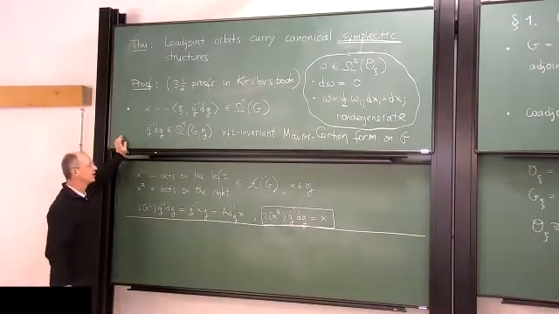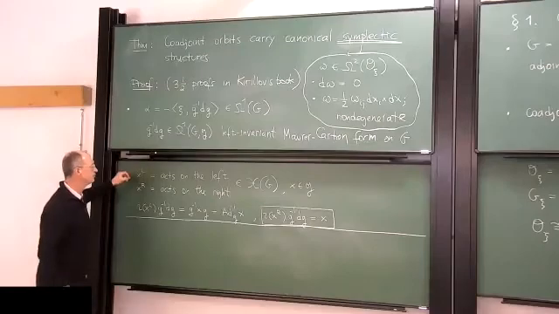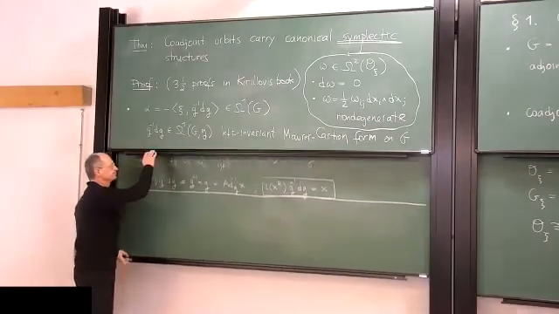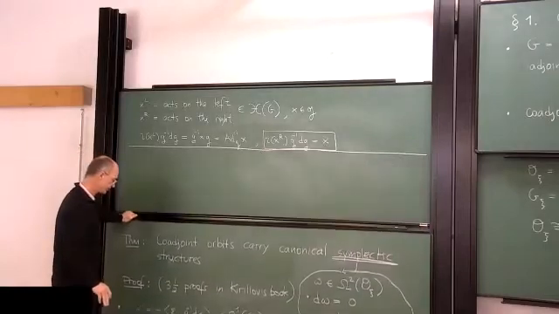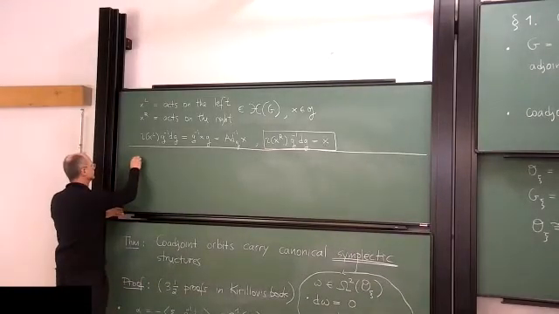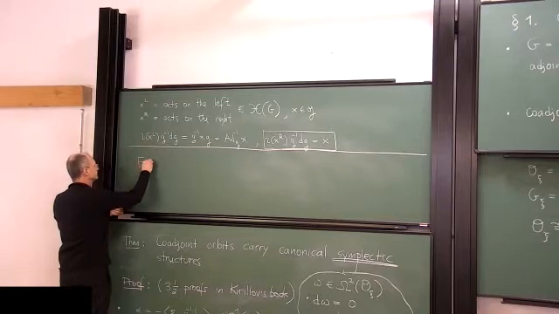Now I would like to discuss a little bit properties of that form alpha. So what's that?